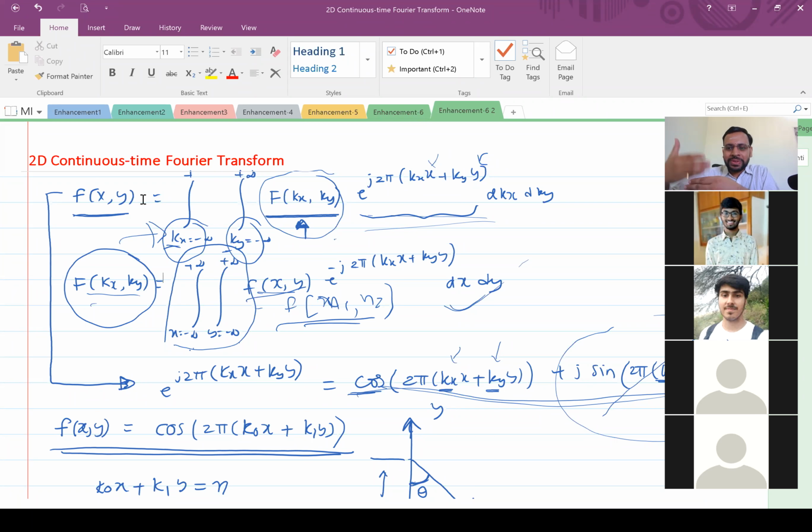Exactly. So unless I know the length of the signal, 2 pi by N, based on that you would decide the number of samples you take here. If your signal is of length N, you should take N samples here also.